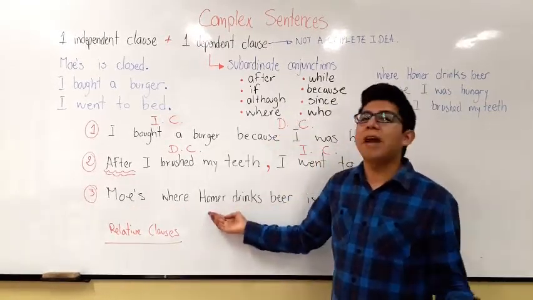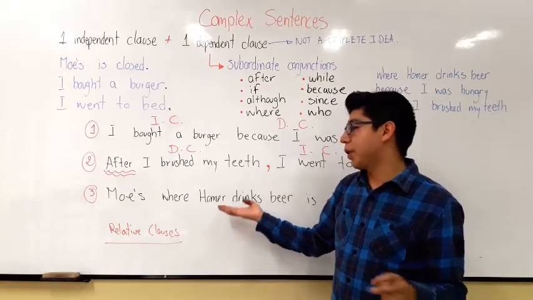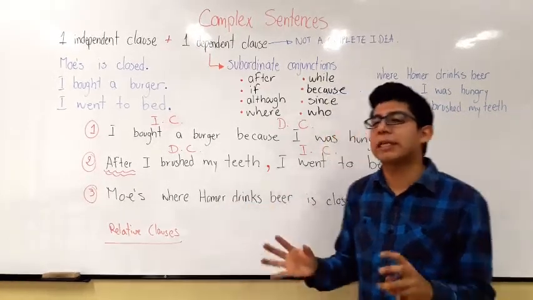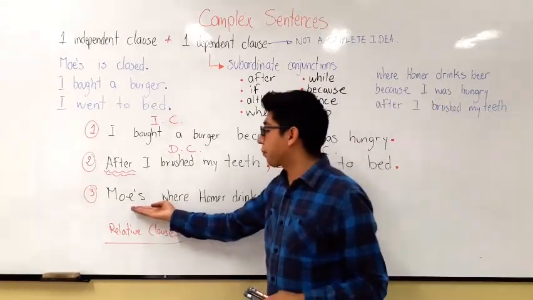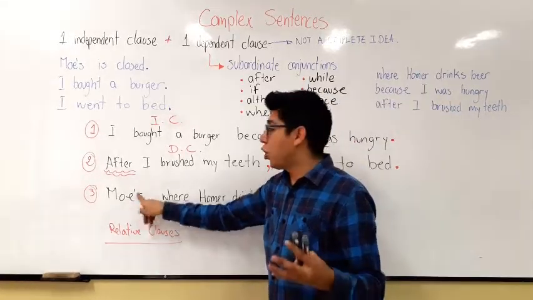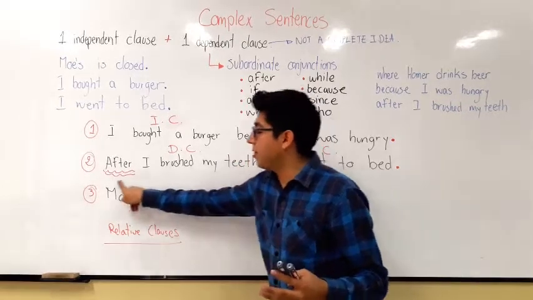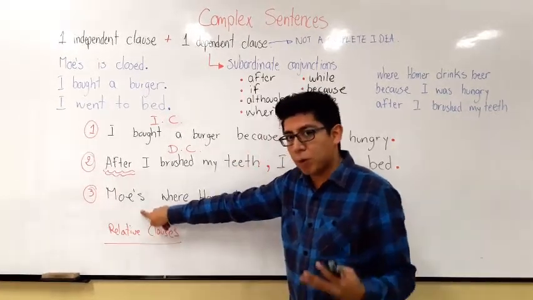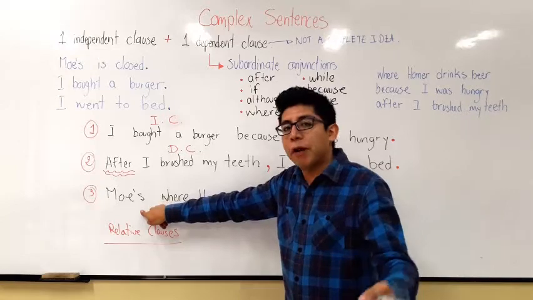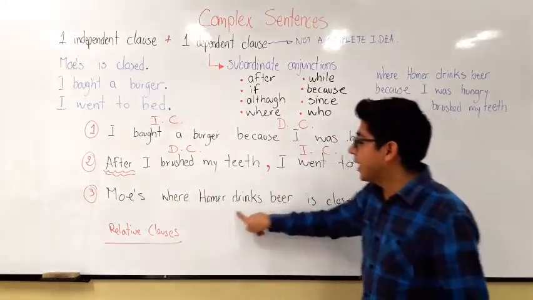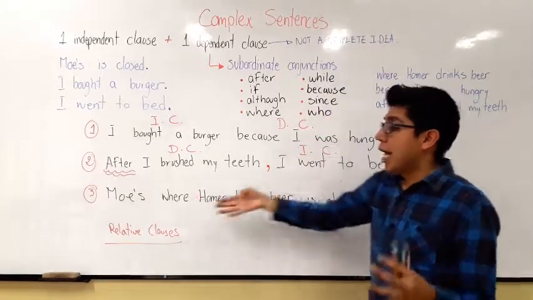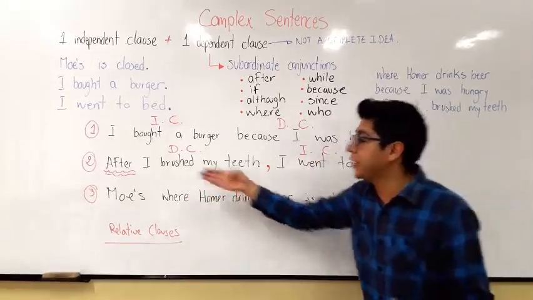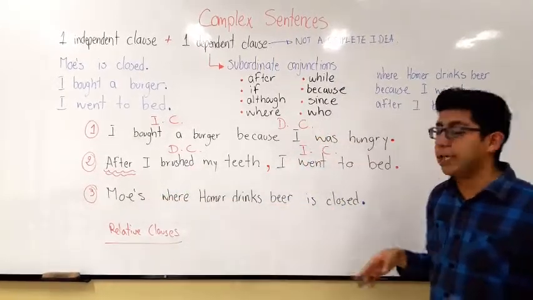Because everyone knows Homer. There may be a little chance that someone may not know him, but when it's essential information, when you don't know the meaning of the noun or who or what you're referring to, you're going to need this essential information, which is our dependent clause. And when you need this to understand, you're not going to need commas.